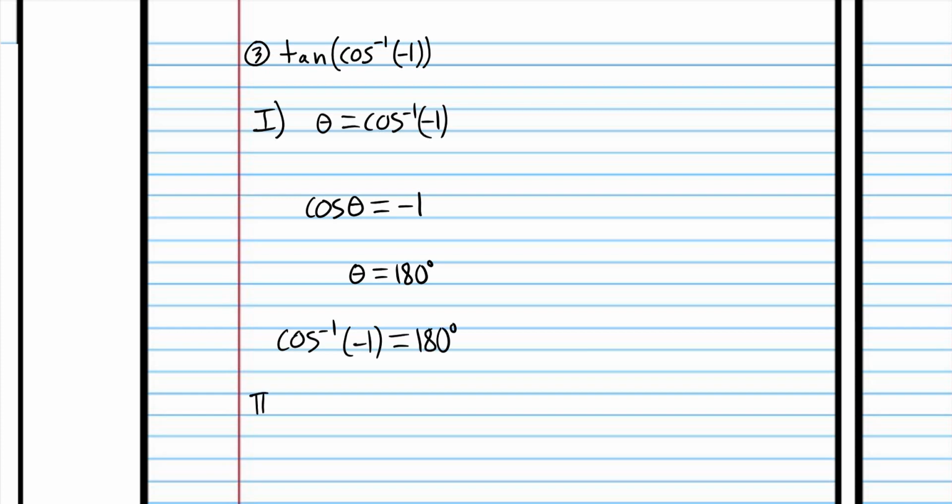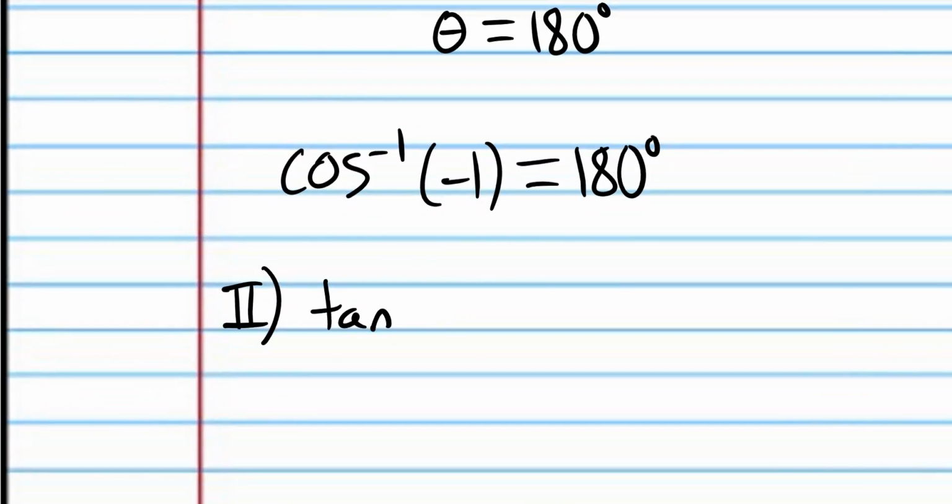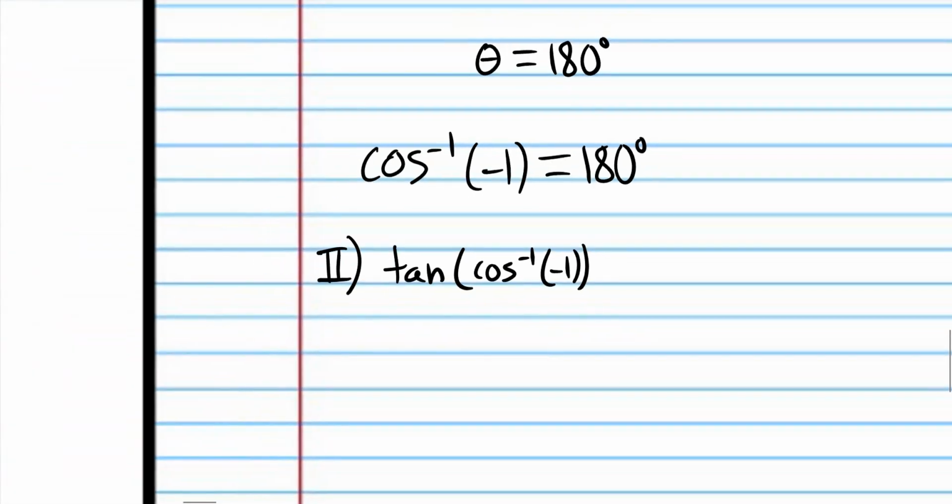And now on to part 2 of the problem. Part 2 is to find what we're looking for, tangent of cosine inverse of -1. And cosine inverse is 180 degrees. We just found that. Cosine inverse of -1.